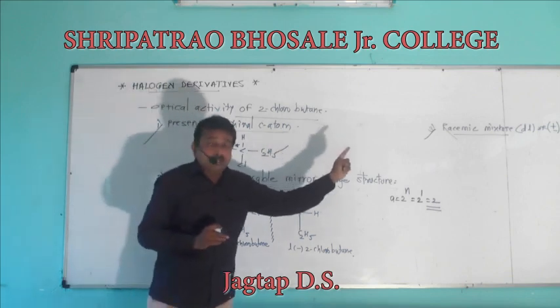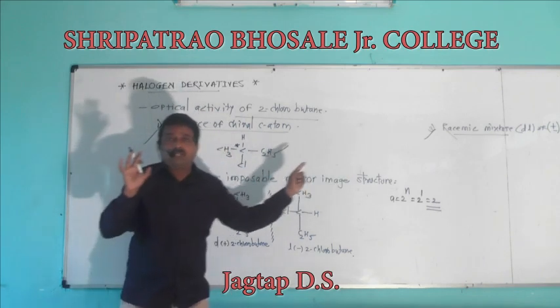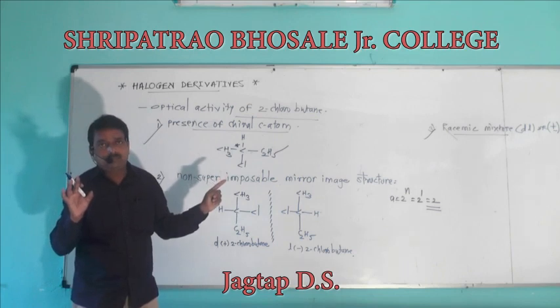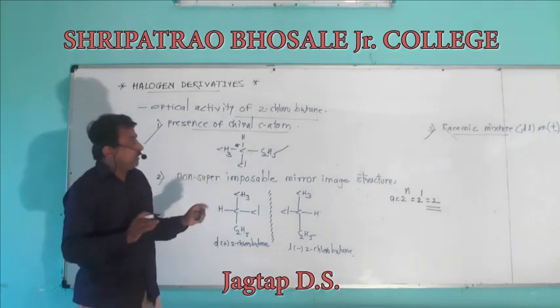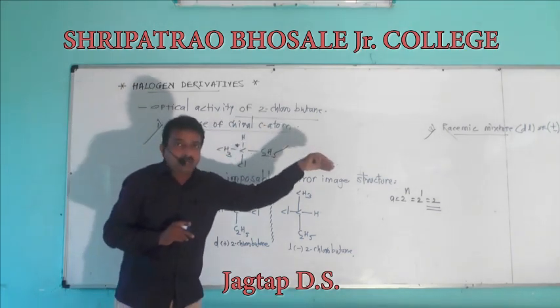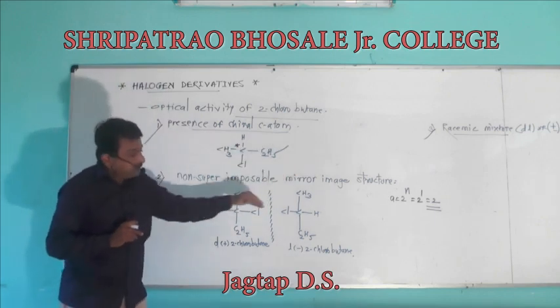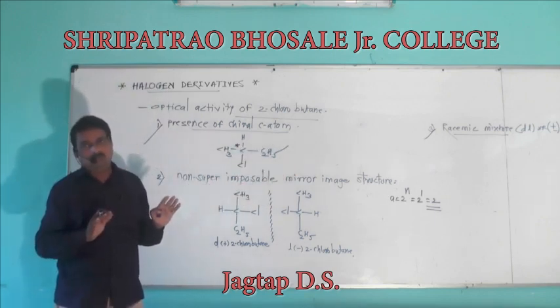A racemic mixture contains an equal quantity of dextro and laevo forms, that is, an equimolar quantity of dextro and laevo isomers.